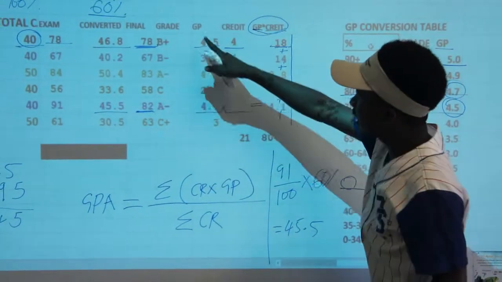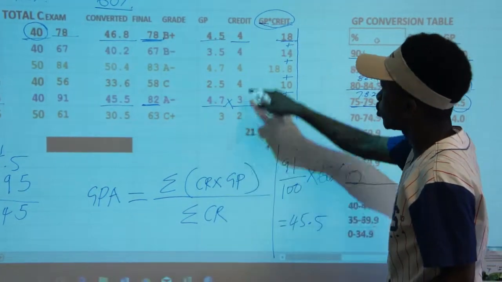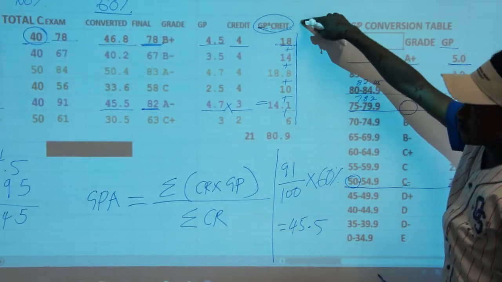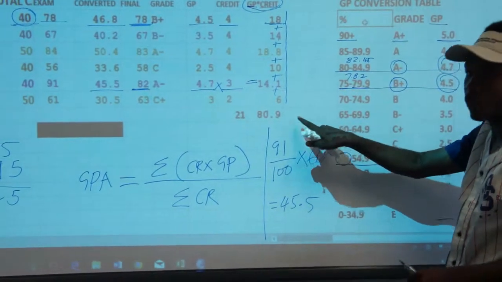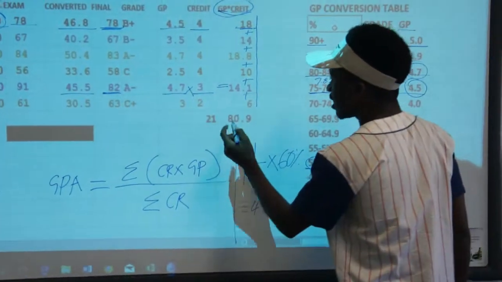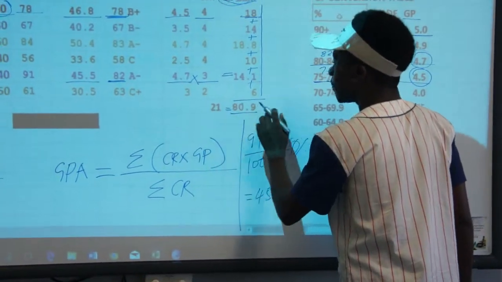Do not find yourself adding the grade point and multiplying that by the credit. No, you should firstly multiply the grade point times the credit and make the summation of this. So at the end of the day, the summation of this is going to give you 80.9.